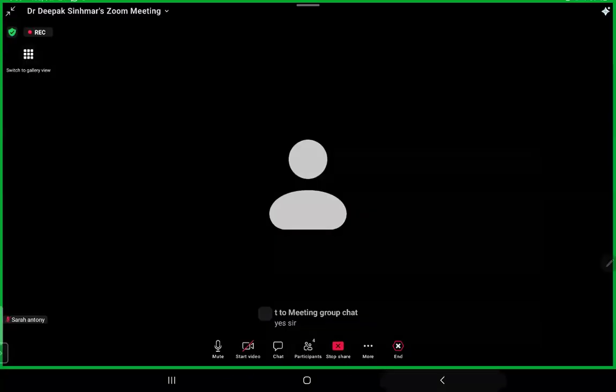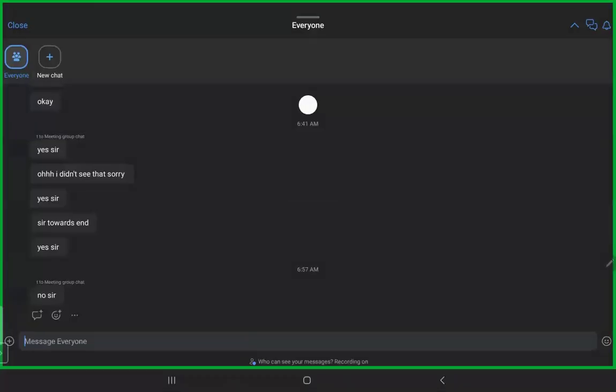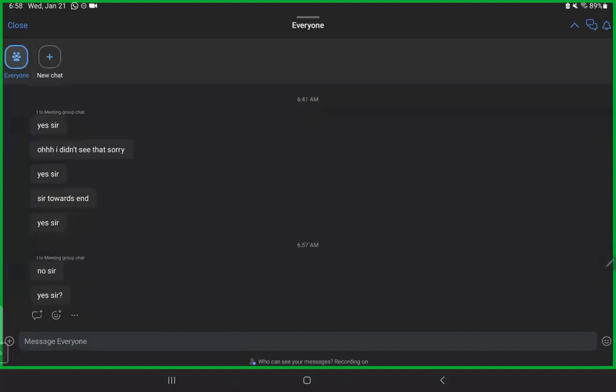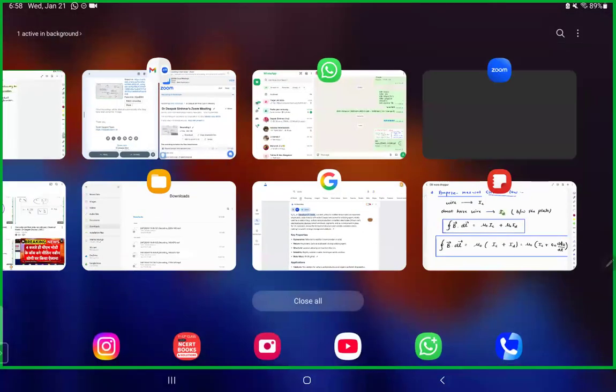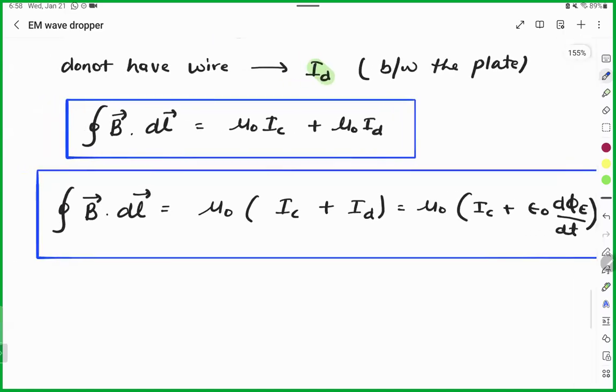Okay, no doubt. So normal conduction current produces magnetic field. Does displacement current also produce magnetic field? Yes, it does. Normal current produces magnetic field, as in the magnetic effect of current we have studied.